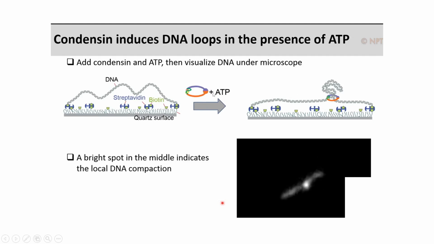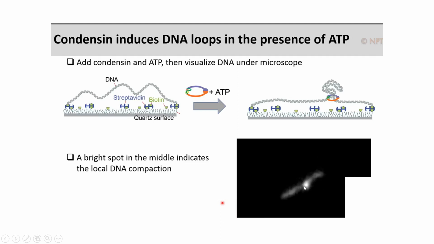This head region will utilize this ATP and allow the loop formation onto the DNA. After adding the condensin and the ATP, here you can see a very bright spot in the middle compared to the other region. This very bright spot is actually the loop region forming.